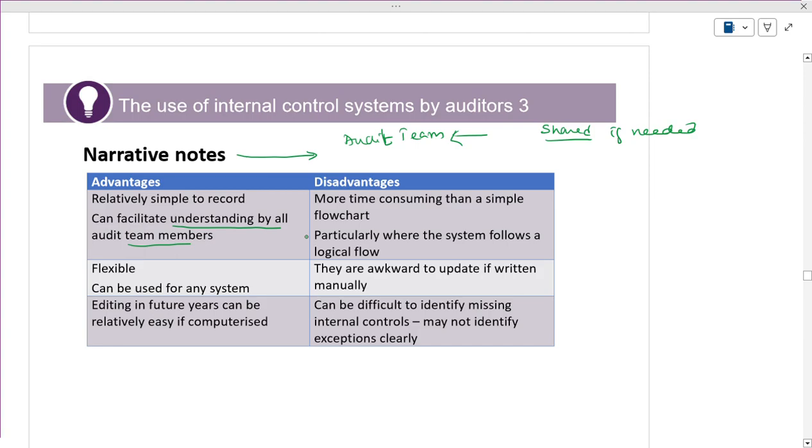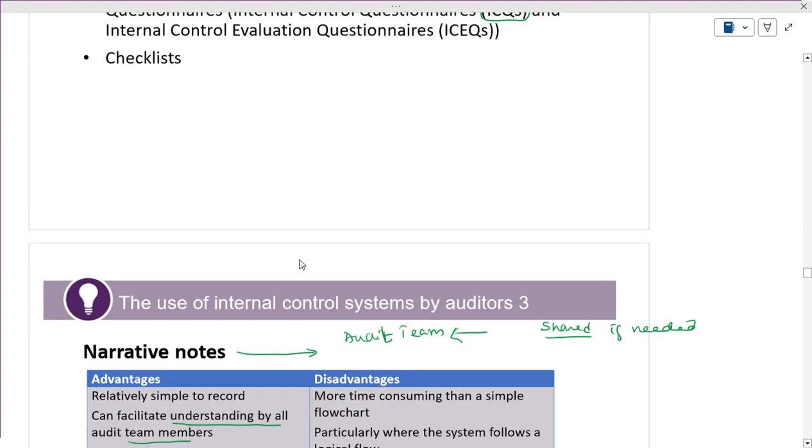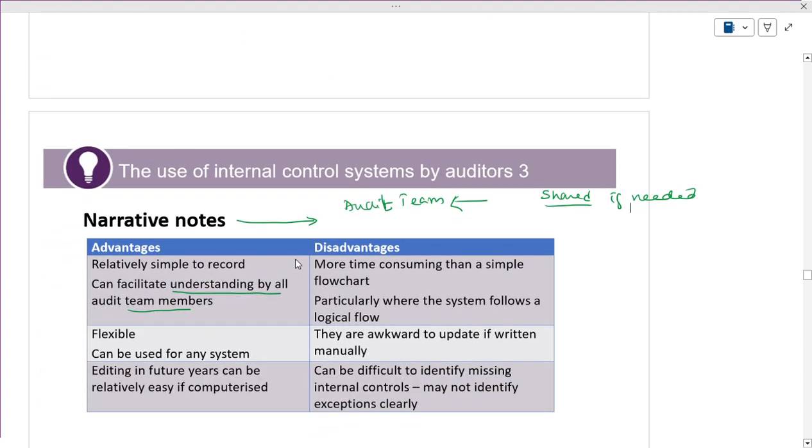There are advantages and disadvantages everywhere. It will facilitate understanding by team members. This is the advantage. You are writing the notes in your own way. If you see all my notes, they are narrative notes. It facilitates understanding. It is flexible and can be used for any system.